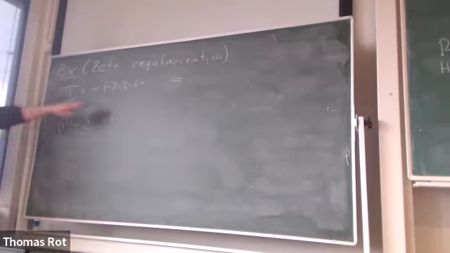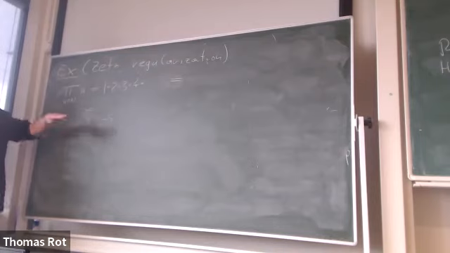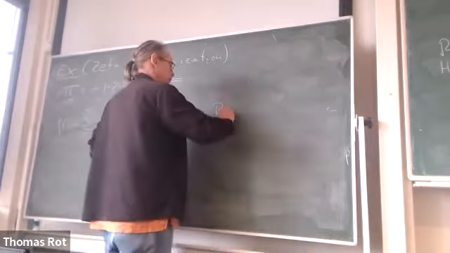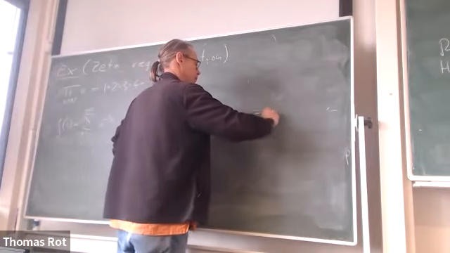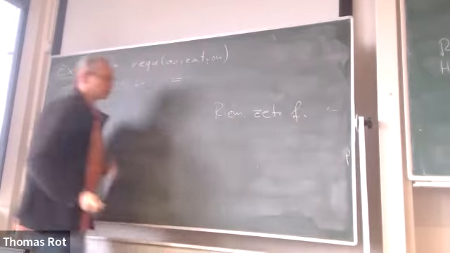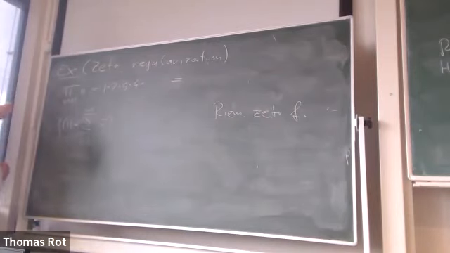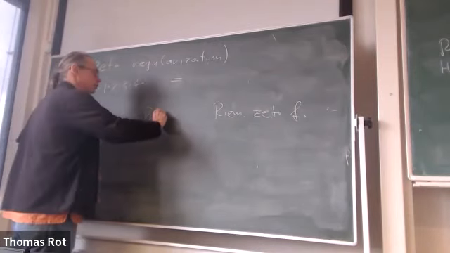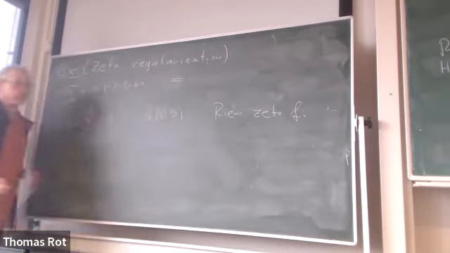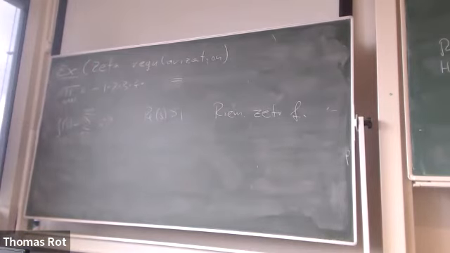And for this particular sequence, this very familiar zeta function, this is just the Riemann zeta function. That will converge as soon as the real part of s is larger than 1 for very elementary reasons.